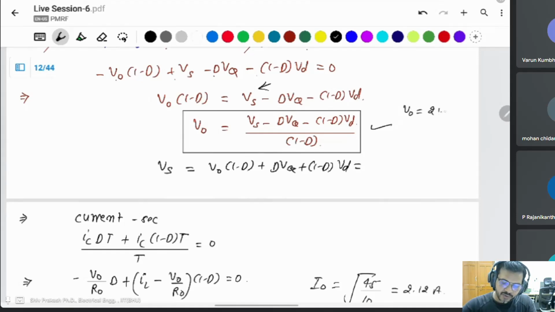V naught is 21.2, Vq is given 0.2, Vd is given 0.7, D is equal to 0.4. Then we calculate the input voltage also. This will be 13.22 volts.